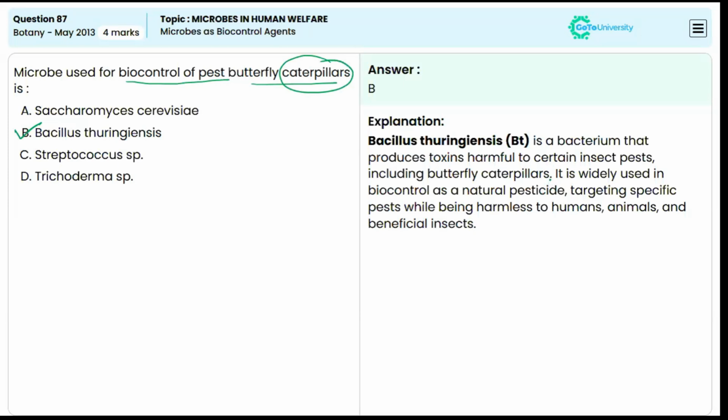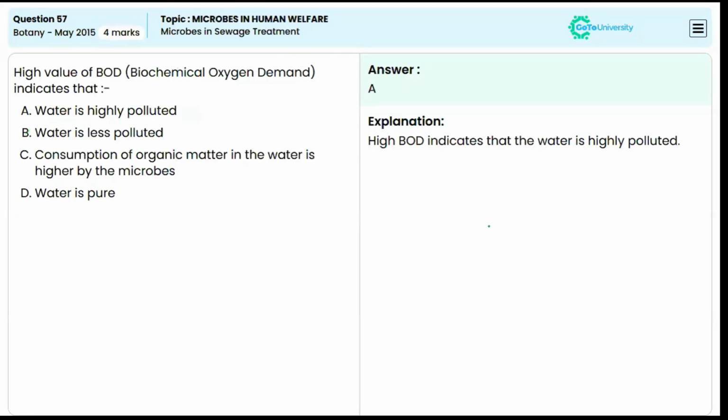So this Bacillus thuringiensis is a bacterium that produces a toxin which is harmful to certain insect pests, including butterfly caterpillars. And it is used widely in biocontrol as a natural pesticide, targeting the specific pest while being harmless to humans, animals, and beneficial insects. So, moving to the next question.